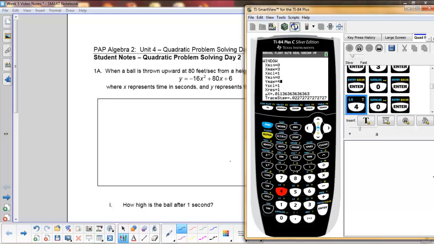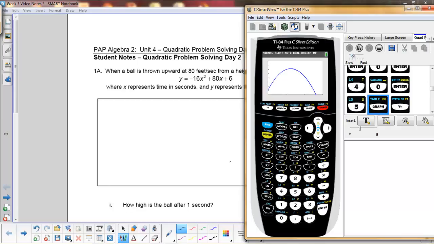So I'm using some estimates here to figure out where the best viewing window is going to be. Alright, so here's the good viewing window where you can see your graph.